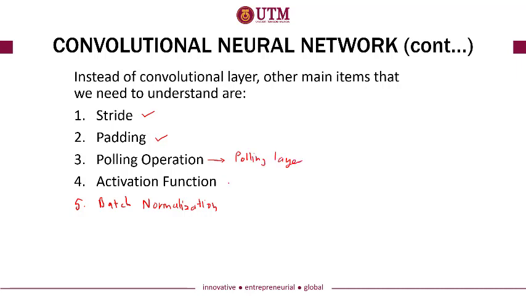And then the activation function is a process which only happens at the convolutional layer, as I discussed before, where you need an activation function to produce the matrix of your O, which is also known as feature maps or activation maps.